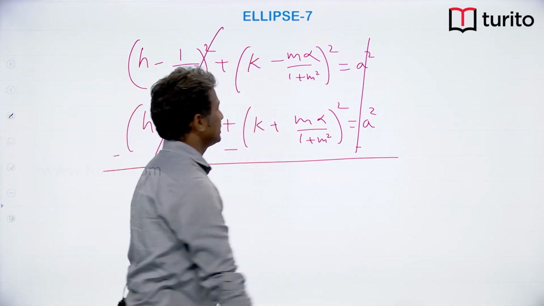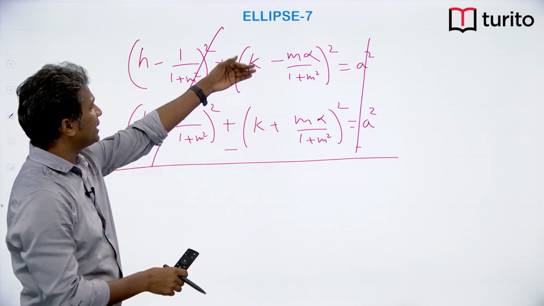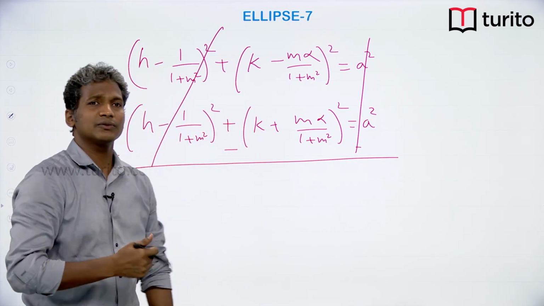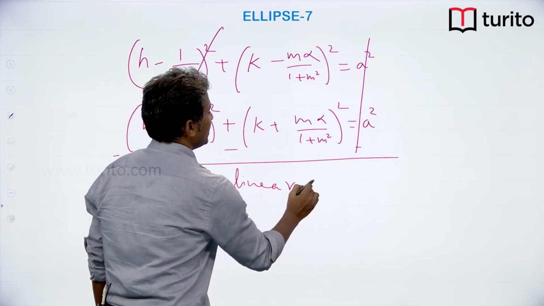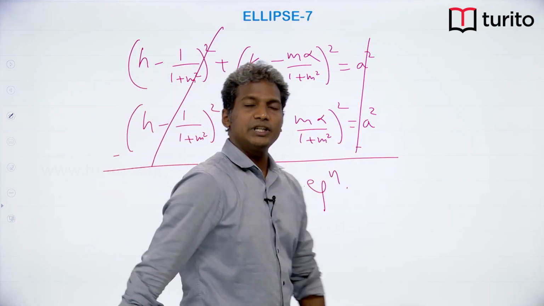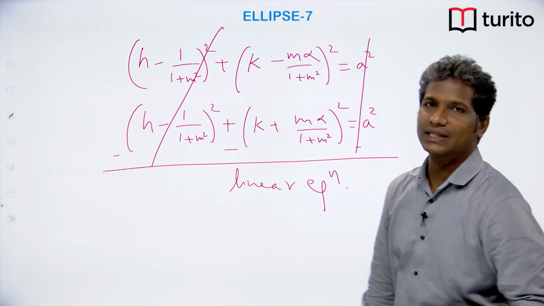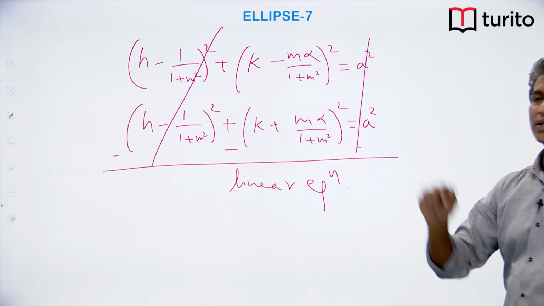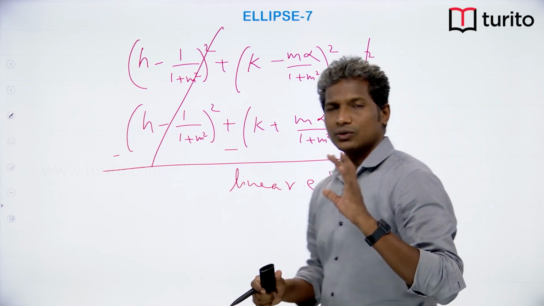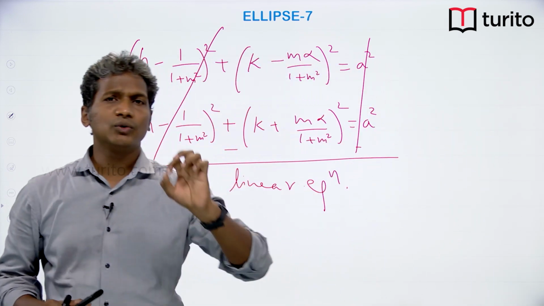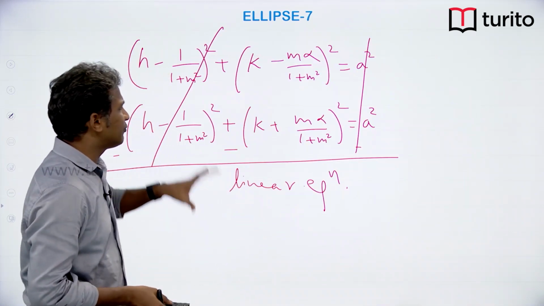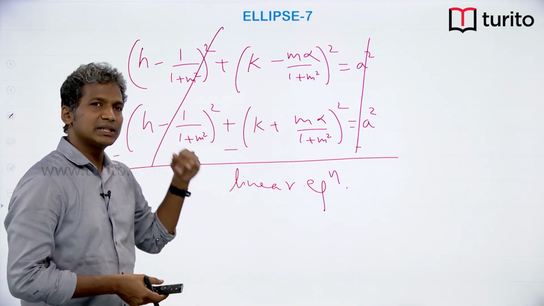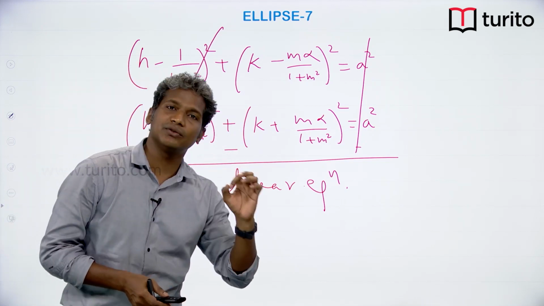and this gets cancelled, and whatever we get, it will be linear in terms of k. So, whatever equation we get will be a linear equation, which means the locus of the center is a straight line. So, this way we can solve the problem. Sometimes when we want to find only the shape, we do not have to go for the entire algebra, we can just kill it by observing the pattern of the equation.